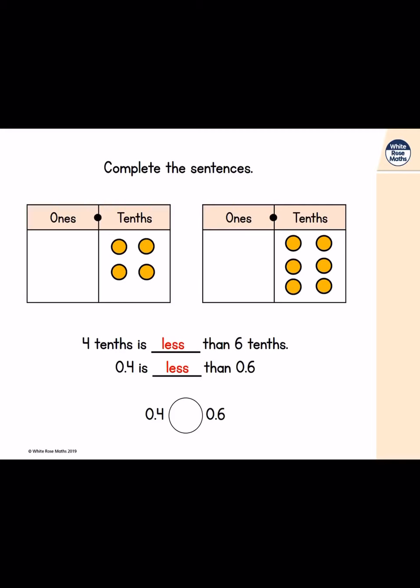And don't forget the symbol, 0.4 is less than 0.6. Remember, the point of the symbol points at the smaller number. You may have noticed that sometimes I say the numbers as "zero point four" and sometimes "nought point four". That's just 2 ways of saying the same thing.